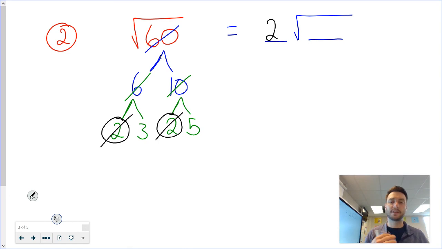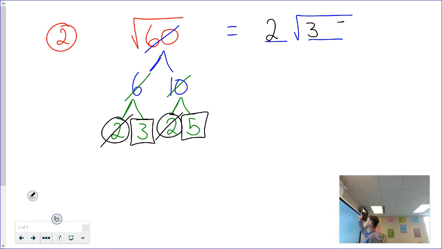Well, what I have left is a 3 and a 5. Those aren't pairs. They're not the same number. There's not a second 3 I can grab together, so we don't have any more pairs. We're going to take all the leftovers that don't have any pairs to go with, and those come back. This 3 here and this 5 here, both going to come back in.